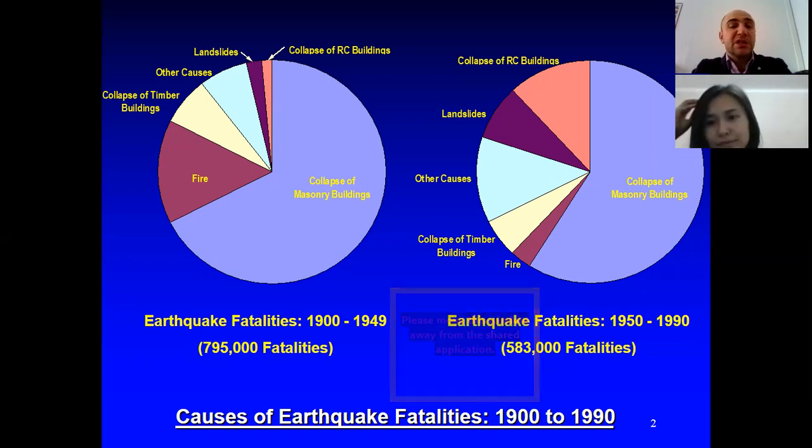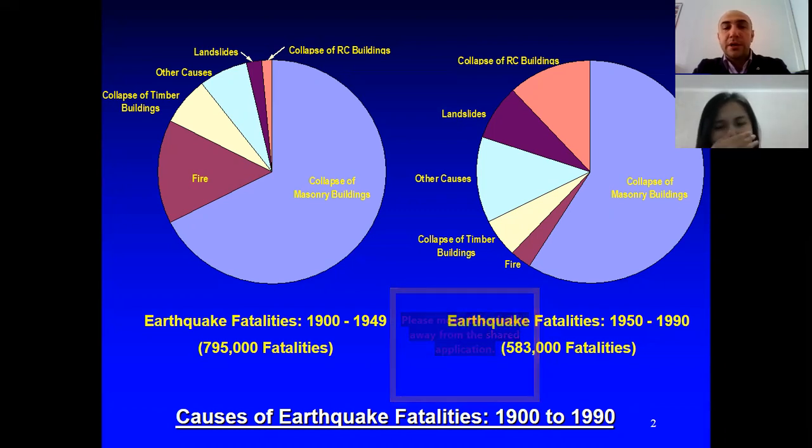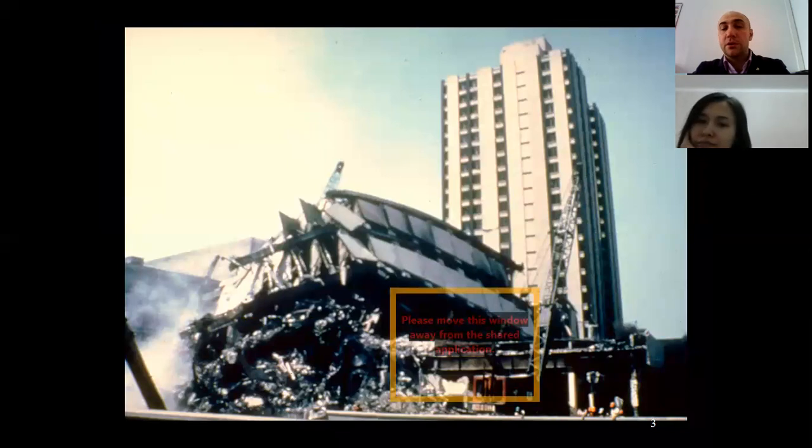But despite the overall good performance in past earthquakes shown on this slide, modern welded buildings have shown an increasing number of problems in recent earthquakes. So the next few slides will illustrate some examples of earthquakes in which steel buildings collapsed.